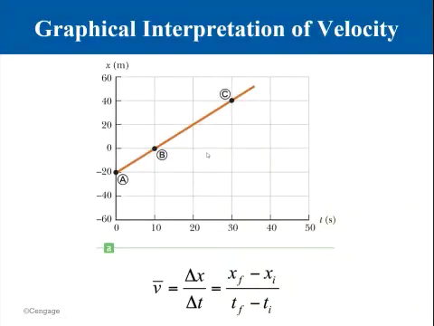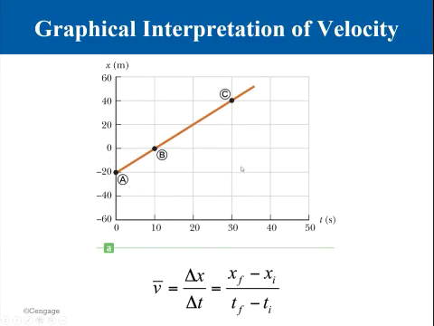So in general, we can calculate the average speed and the average velocity numerically. We can also do the calculation graphically. If you graph the relationship between x and t, it is a linear relationship. This is a linear graph. And the slope, as you know from mathematics, is defined as the rise divided by the run.